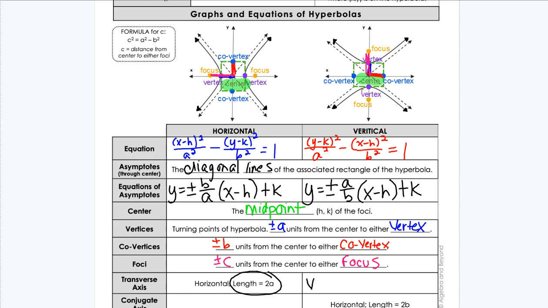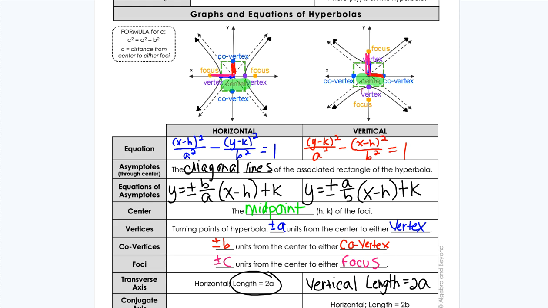So now our transverse axis is going to be vertical, going up and down straight through the center of our hyperbola, and its length is also going to be 2a. That transverse axis is going between the two foci.